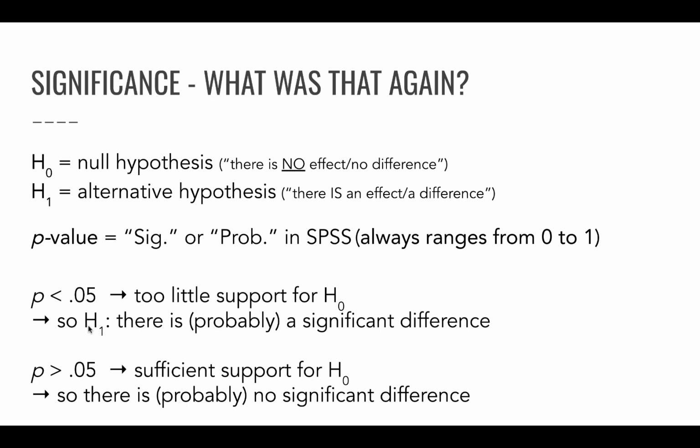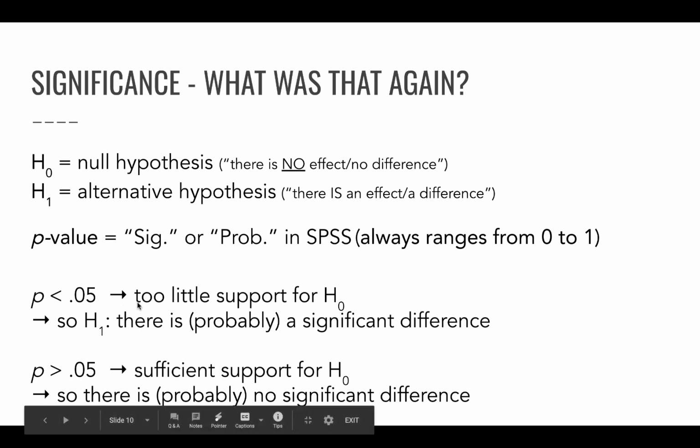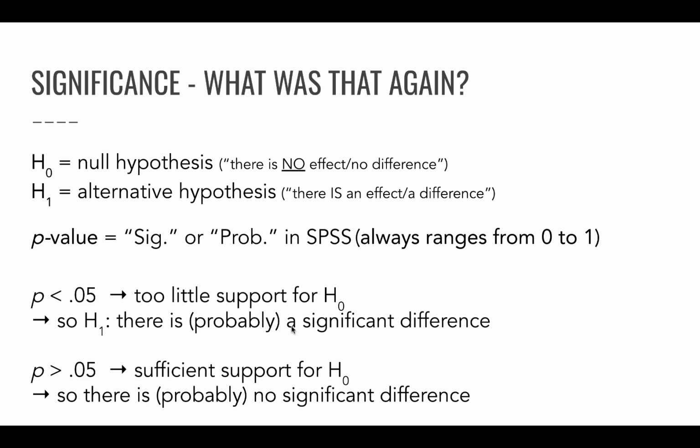Therefore, we reject the null, so alternatively we go for H1, and we can conclude that there probably is a significant difference. Please note the word probably, because you never know for sure. It's impossible to prove that something is not there, so you will always be using words such as fail to accept, fail to reject, and probably having a significant difference.